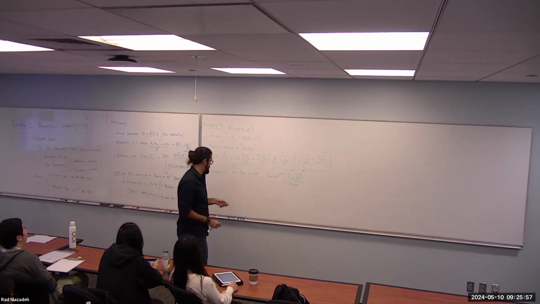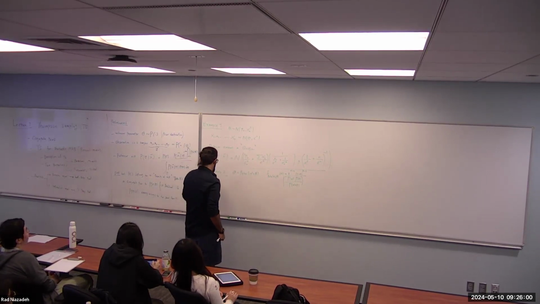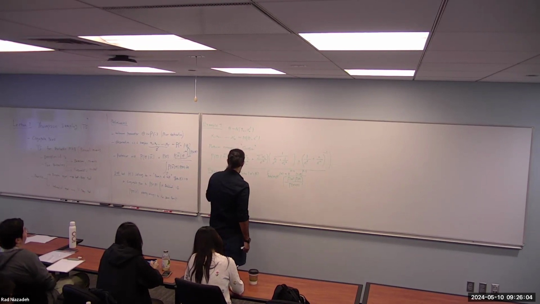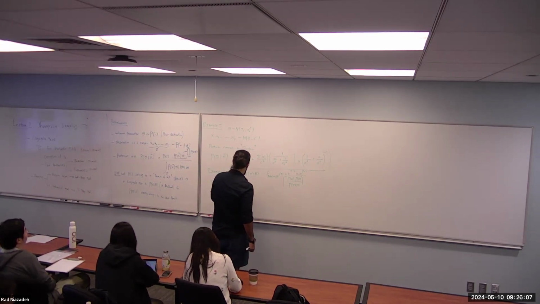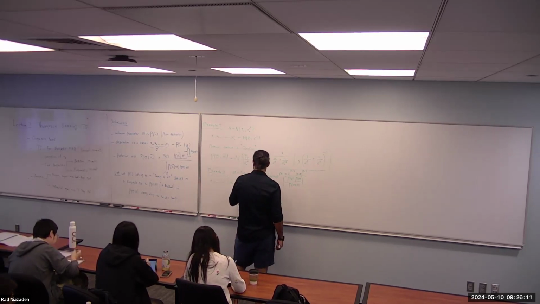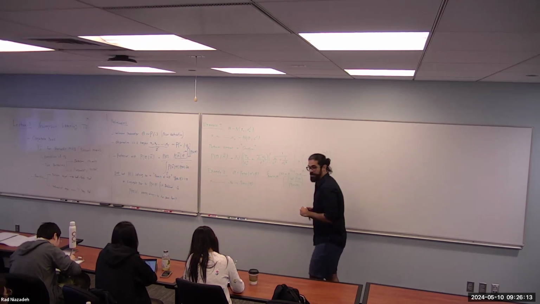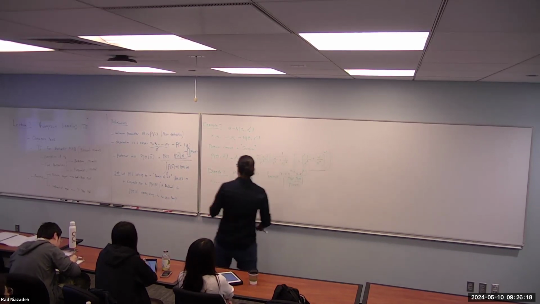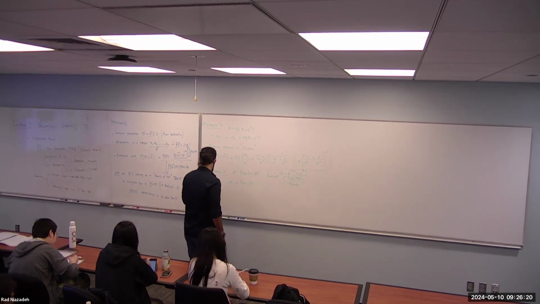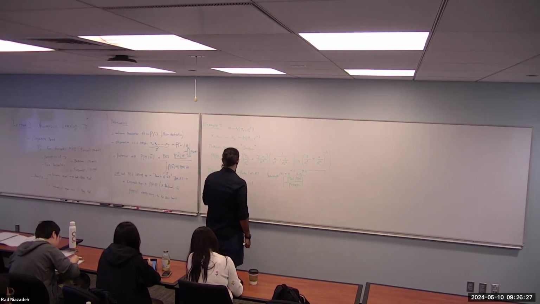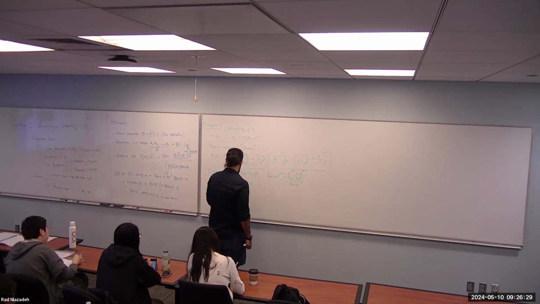To make this statement more formal, if we assume x1 to xt are Bernoullis, 0-1 Bernoullis, with parameter theta under IID, then the posterior remains a beta distribution.